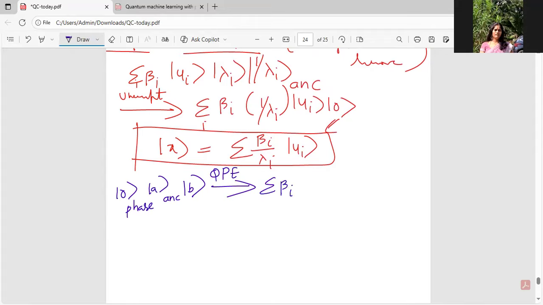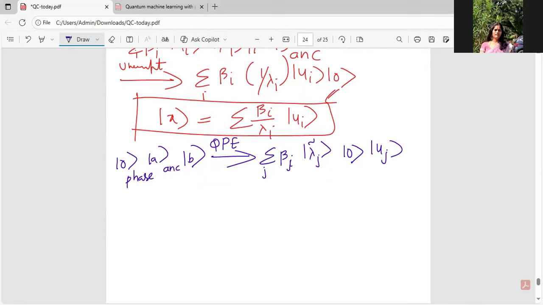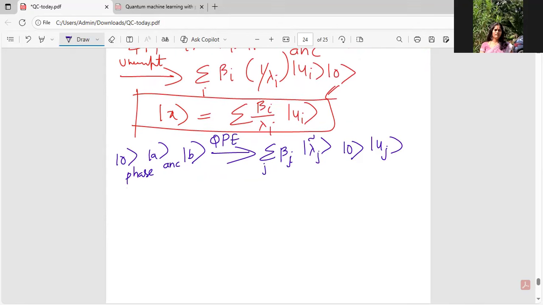Of course, B I have reduced to eigenbasis. That's the understanding, right? So what happens? I'll be getting lambda J, ket 0 is as it is, Uj. Eigenvalues and the eigenvectors. Of course, quantum phase estimation results in a spectral decomposition kind, you can say.